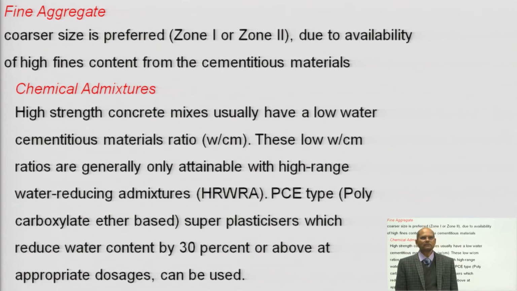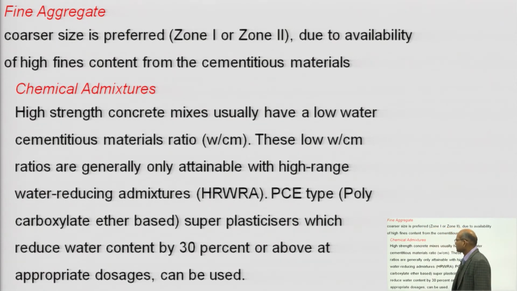What are the chemical admixtures? Chemical admixture is very important to reduce the water demand and to get better workability. High strength concrete mixes usually have a lower water cementitious material ratio, where cementitious material consists of cement plus other mineral admixtures.